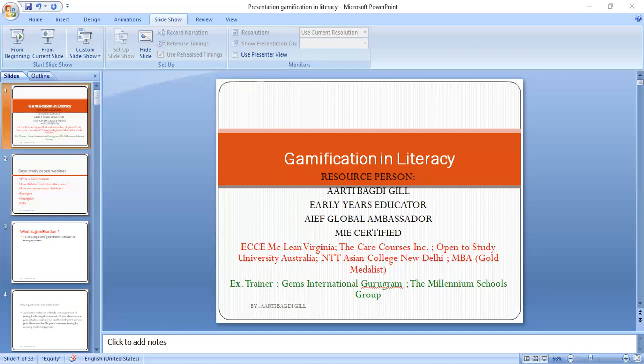So sight words are very, very important. You should introduce the sight words, you should know the phonemic awareness program, and you should recall these things in the classroom.